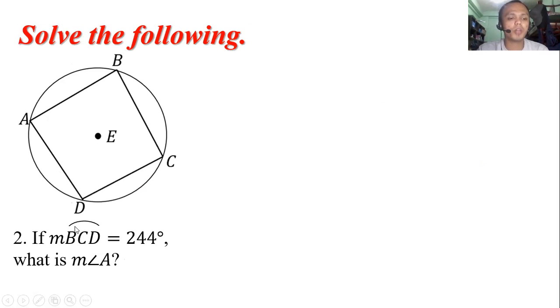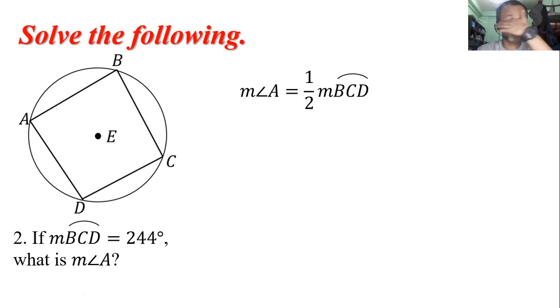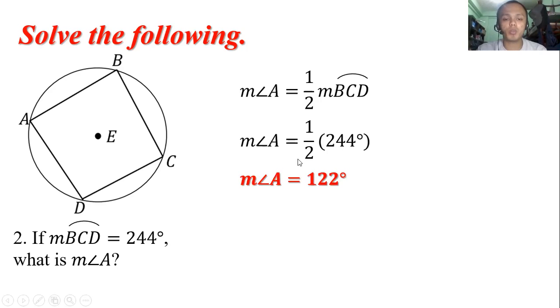Next, if measure of arc BCD is 244, what is your A? Again, no? Inscribed angle theorem, no? Apply natin. Substitute your BCD to 244, then multiply it by 1/2 or divide it by 2. Then 244 divided by 2 is equal to 122 degrees.